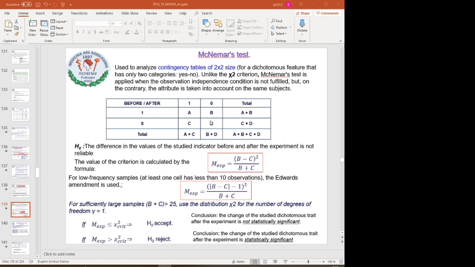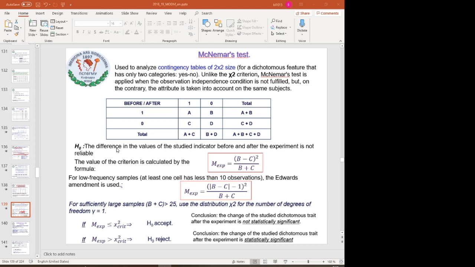Actually, we compare B and C, so we compare only the numbers of patients that change their property. A and D are not in the calculation. What is the null hypothesis?